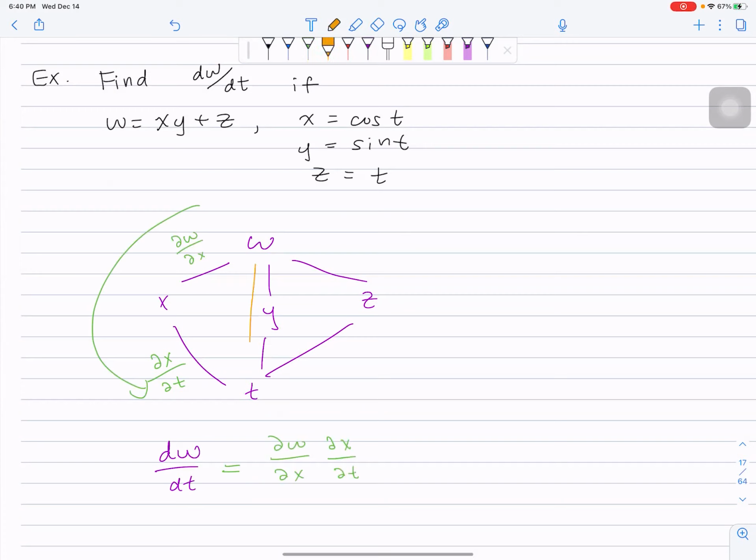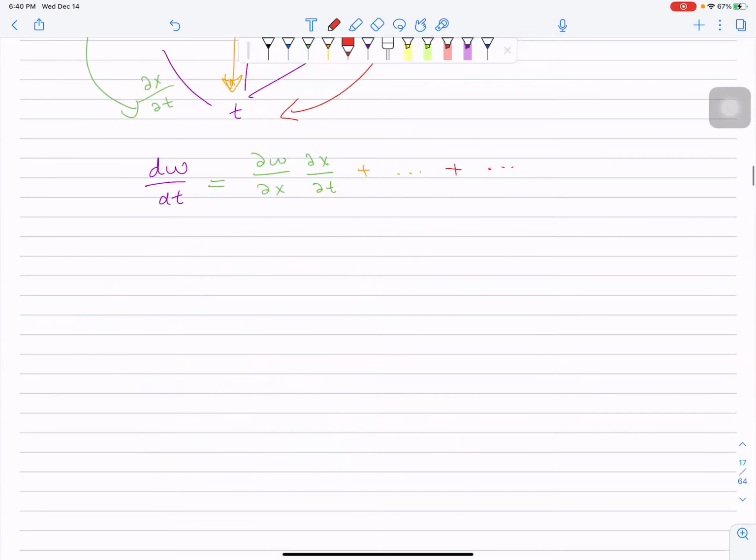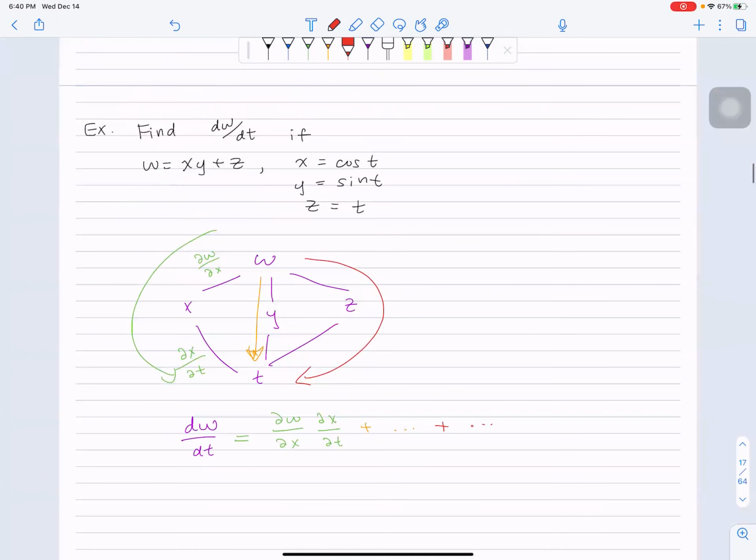I add to this the orange path, which I won't write out because it's long, and the red path. Okay. Any questions about the branch way?